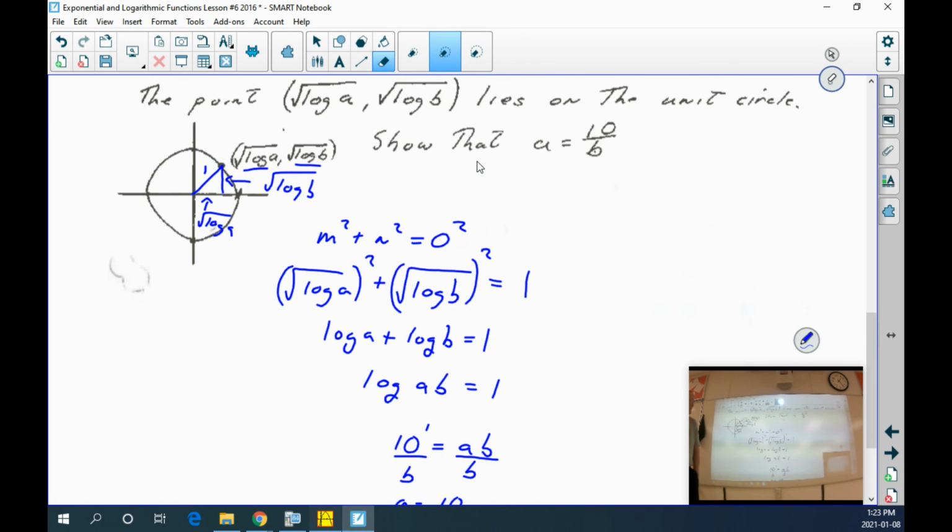Now, obviously, sometimes it's not going to be readily apparent to you. You have to think about Pythagorean theorem. Okay, what can I do? Can I work my way down? I've got to get that A by itself, and that's the way that we're going to do that.